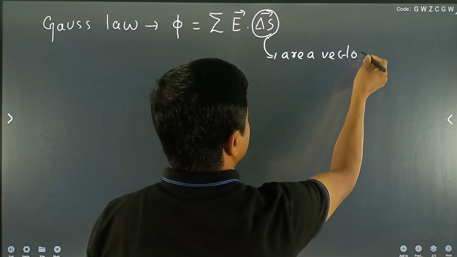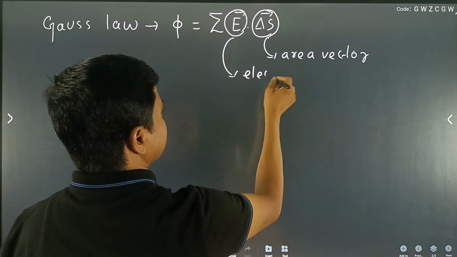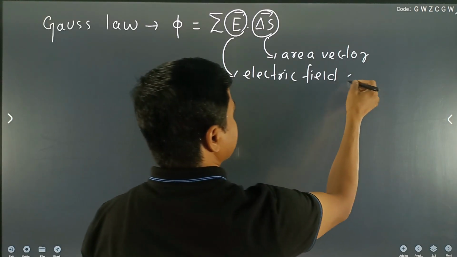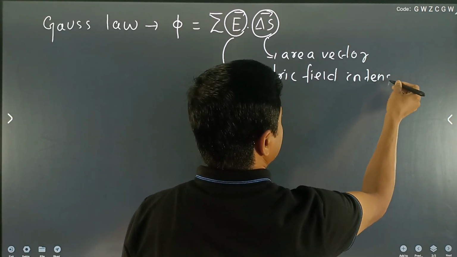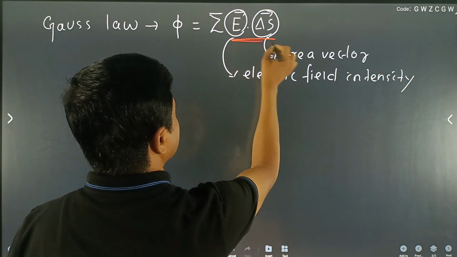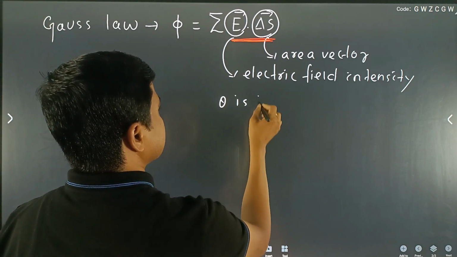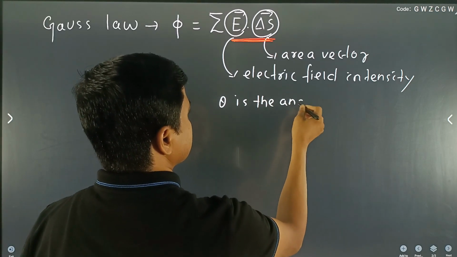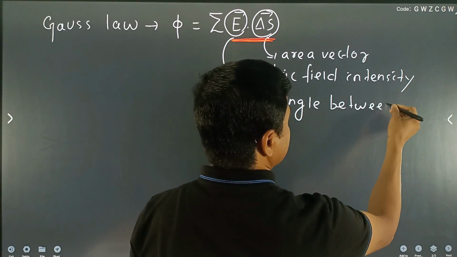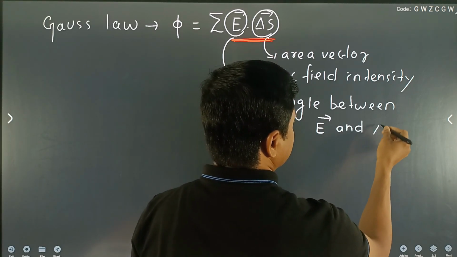And E vector is the electric field, that is the electric field intensity, and this is a dot product between the two vectors, where theta is the angle between vector E and del S vector.